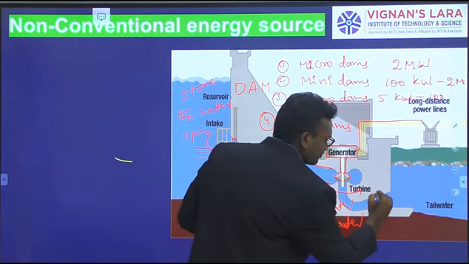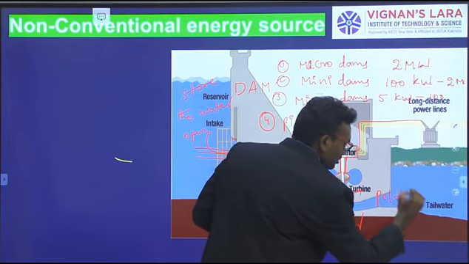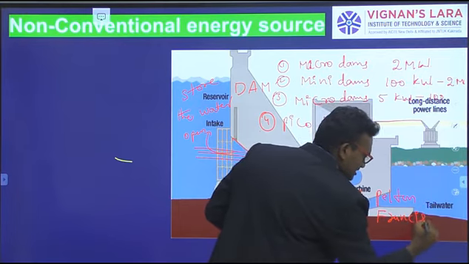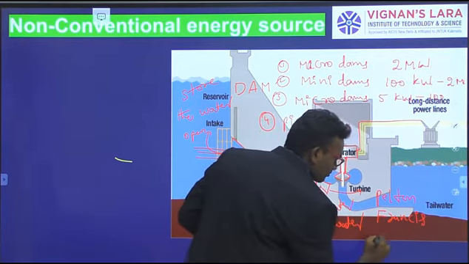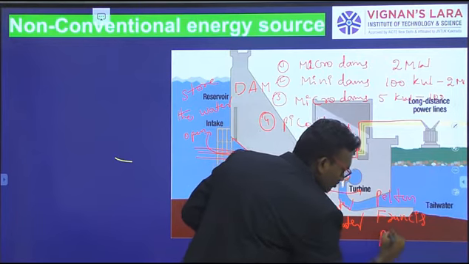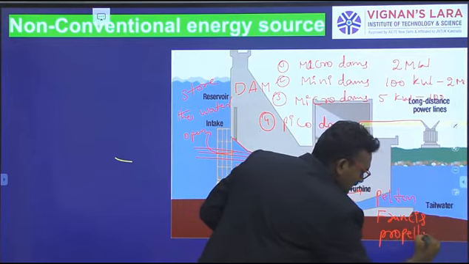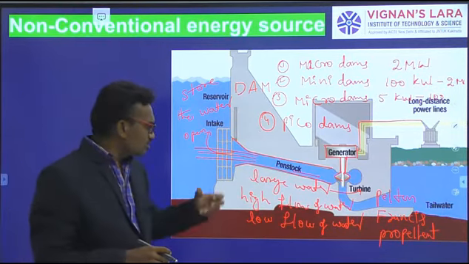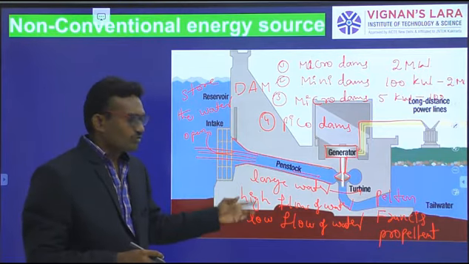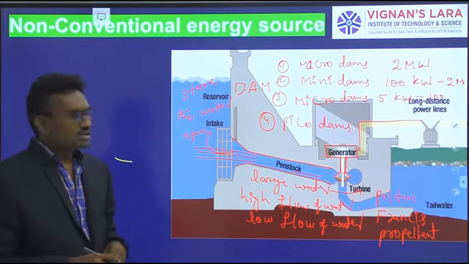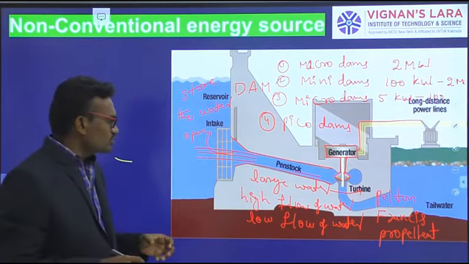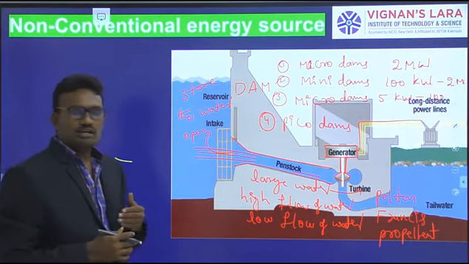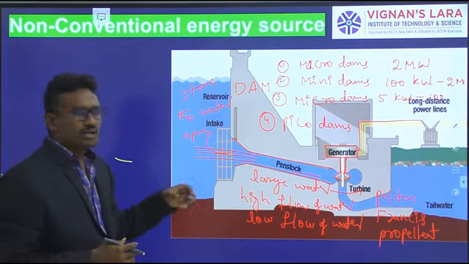The types are Pelton turbines, Francis turbines, and propeller turbines. Francis turbines are used for high flow of water, propeller turbines for low flow of water, and where large water passes in the hydropower plant, a Pelton turbine is used.